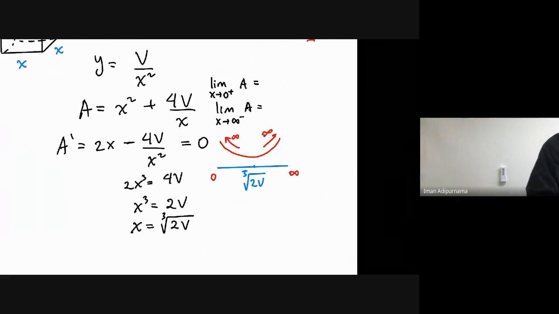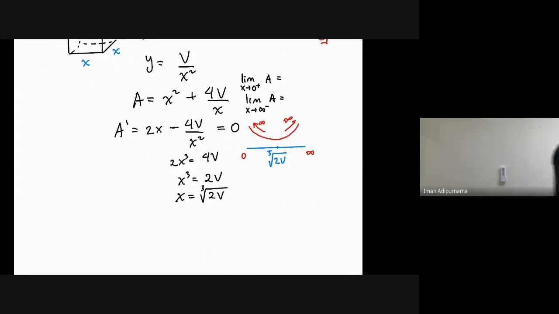You can also, instead of using the A prime, use the second derivative. Why do we need the second derivative? If you want to check whether it is concave upwards or downwards, it can also be used. So let's write the double prime.